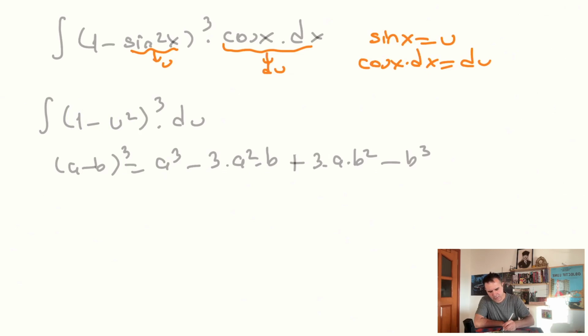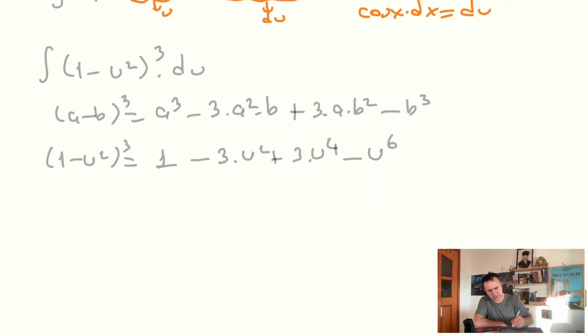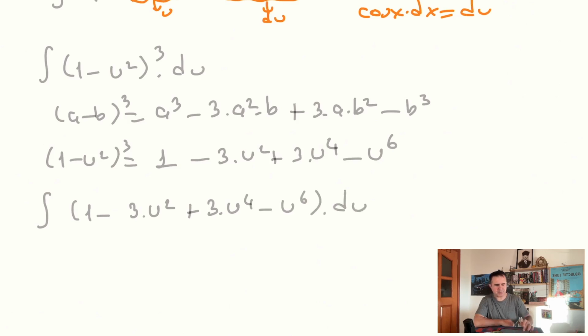Then 1 minus u squared, cubed, is equal to 1 minus 3 times u squared plus 3 times u to the power of 4 minus u to the power of 6. Okay, now the integral is the integral of 1 minus 3 times u squared plus 3 times u to the power of 4 minus u to the power of 6 du.